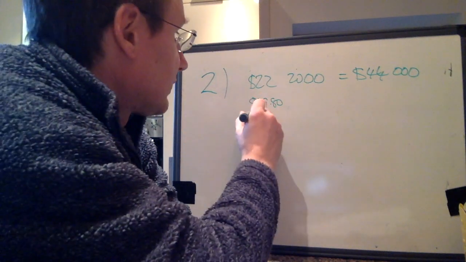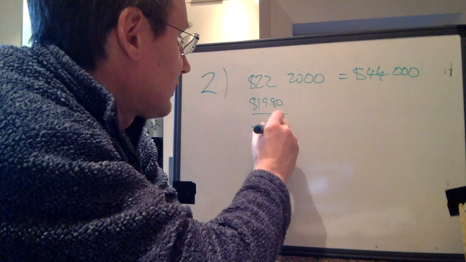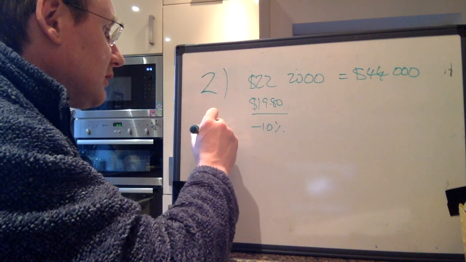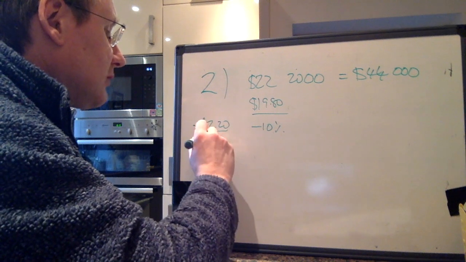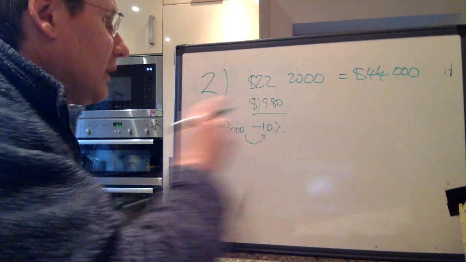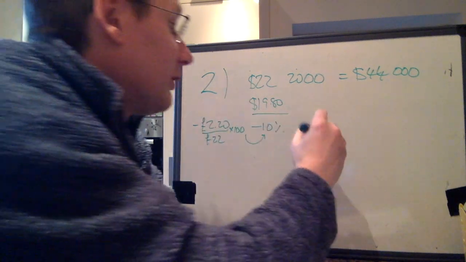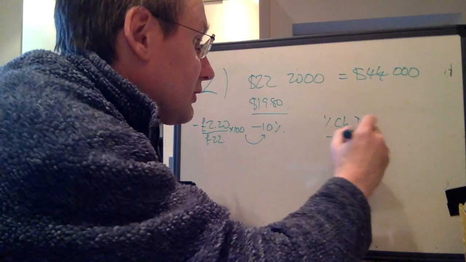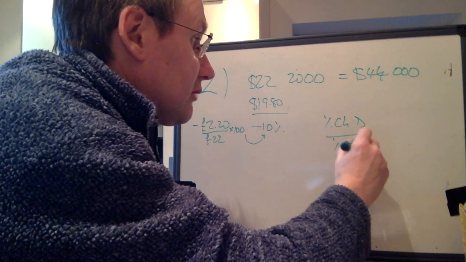So what we've got to do is say, well, that is a 10% fall in price, because it's a change of minus $2.20 out of an original of $22, times 100, is minus 10%. And we know that the formula for price elasticity of demand is the percentage change in quantity demanded over the percentage change in price.